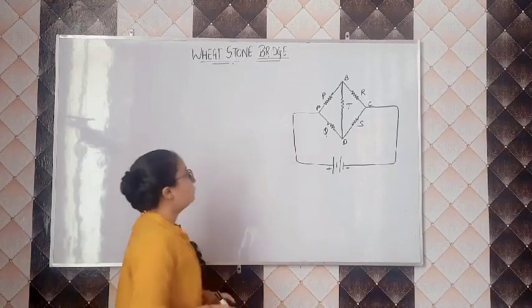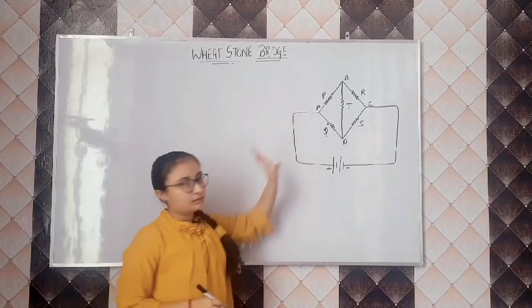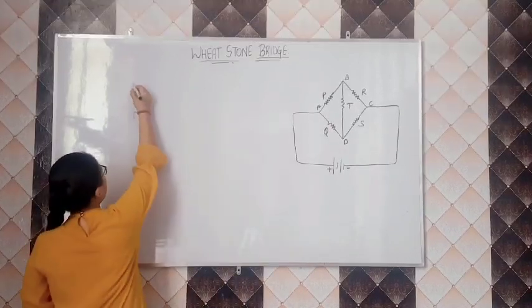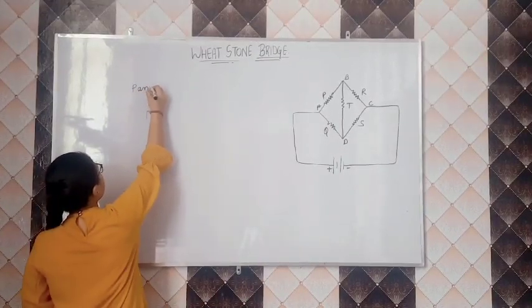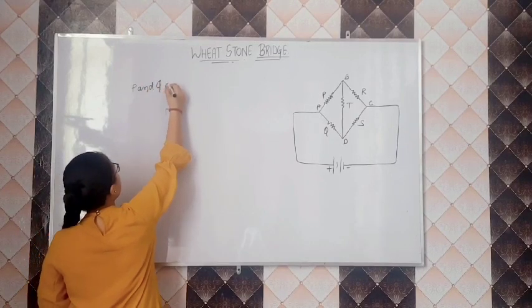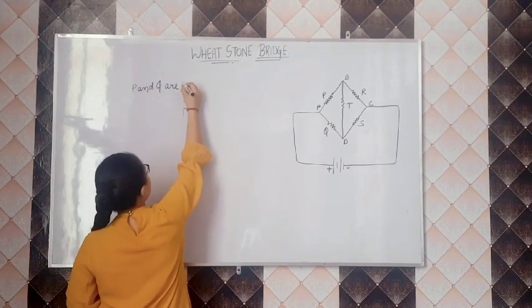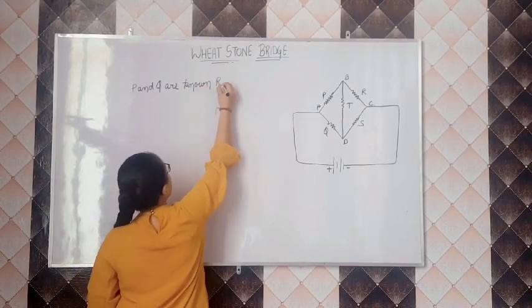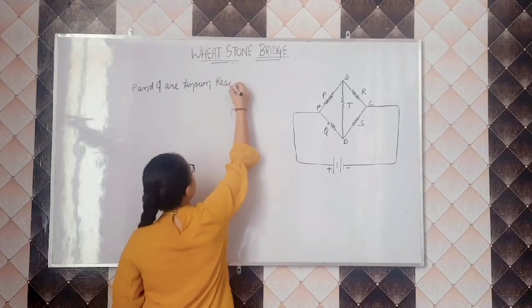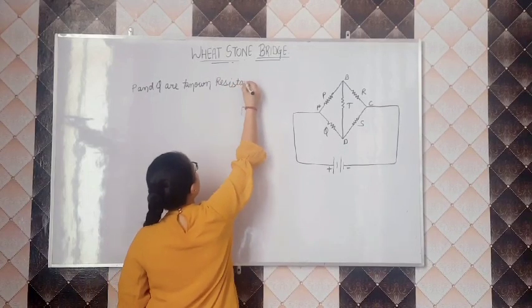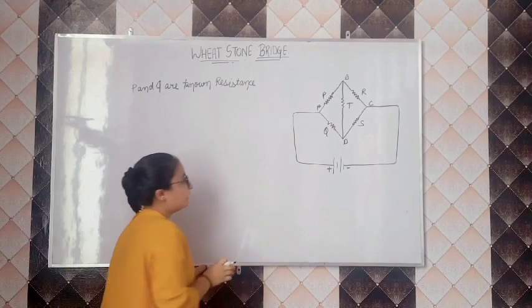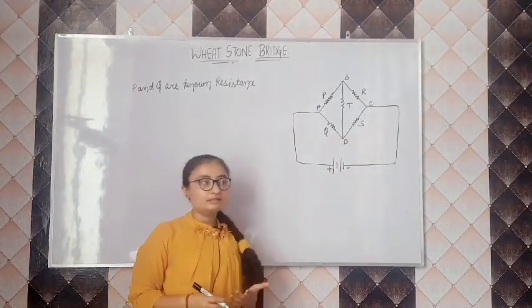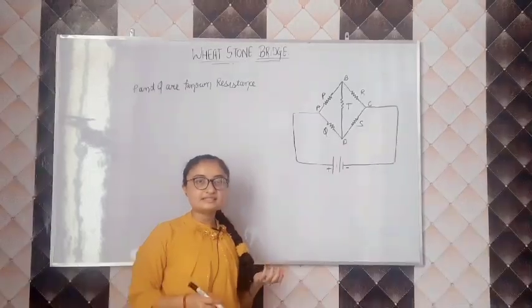Here P and Q are known resistances, and S is a variable resistance. Another name for a variable resistance is rheostat.